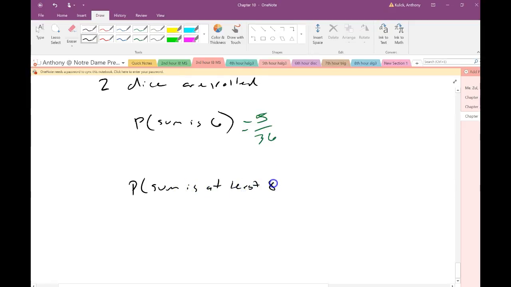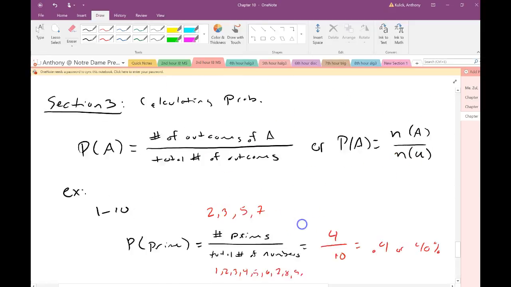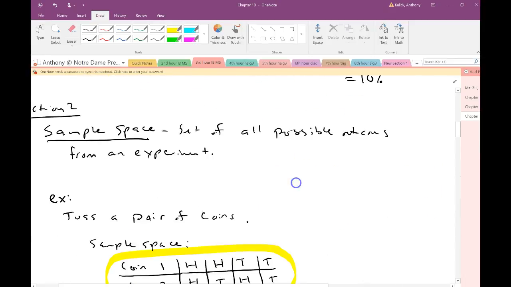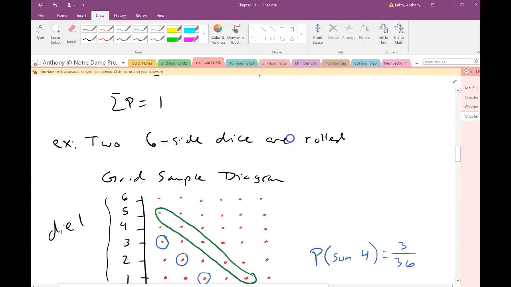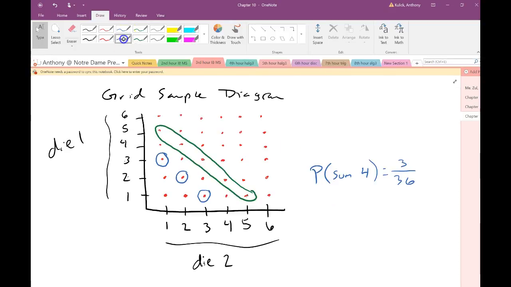What if we have the sum is at least 8? Well, let's go back to our picture here. I scrolled past it. I just got excited. So, let's see. We could have 6 and 2 is 8, 5 and 3, 4 and 4, 3 and 5, 6 and 2.